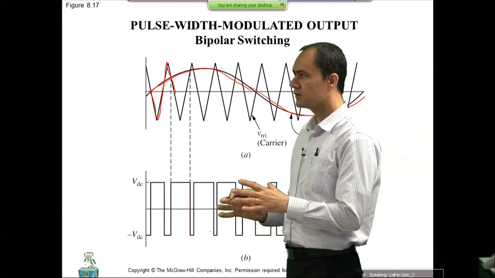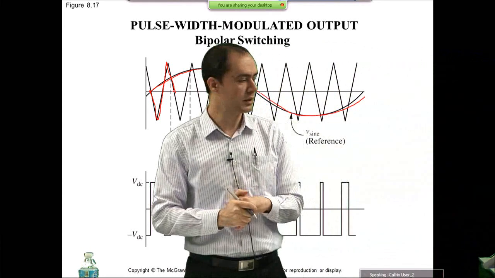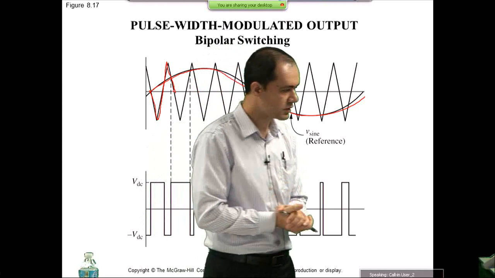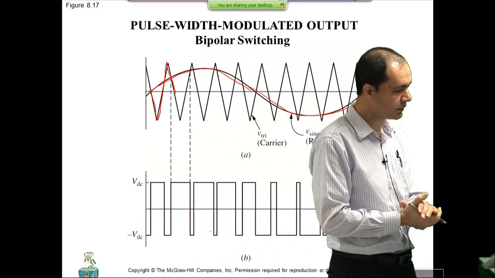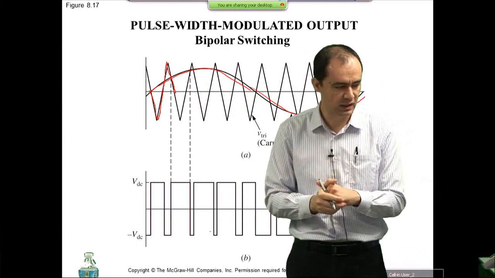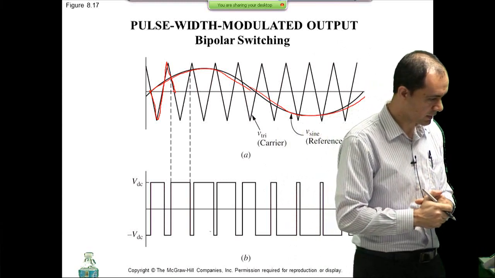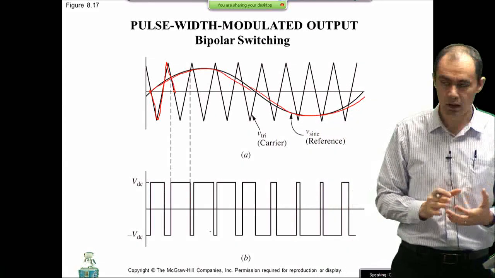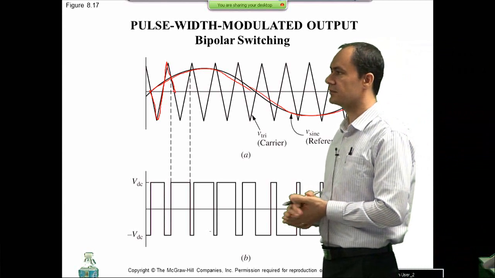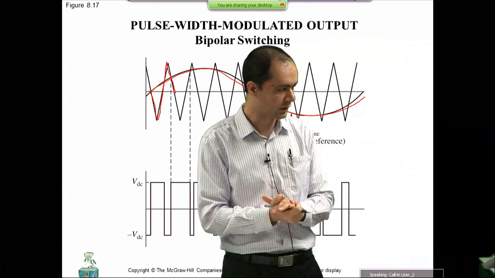And the ratio between the frequencies of these two signals is called MF, the frequency modulation index, and the amplitude ratio is MA, the amplitude modulation index. MF is usually an odd number, like 17 or 15 or something like that.